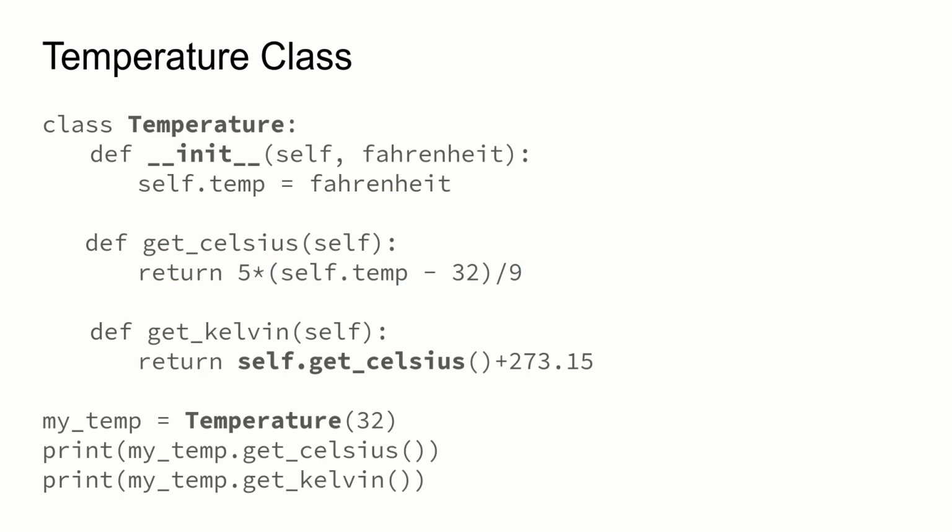Let's look at another example of a type of class we could write. This class represents a temperature, but the thing about this temperature is we want it to be the value and not to be tied to a specific measurement system.